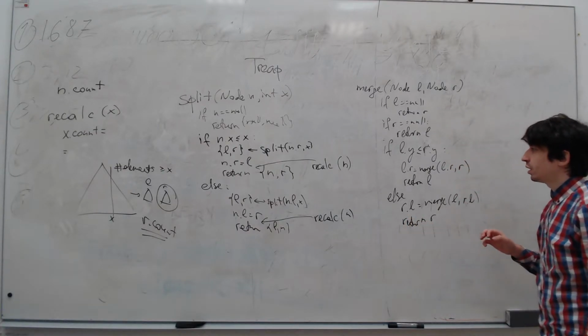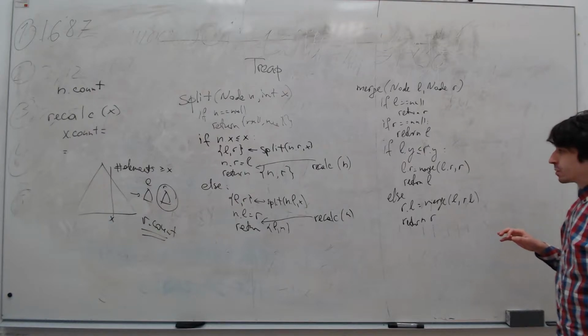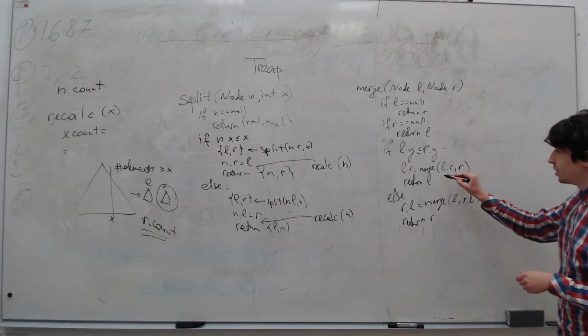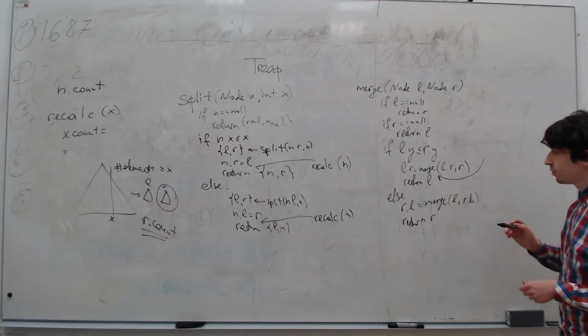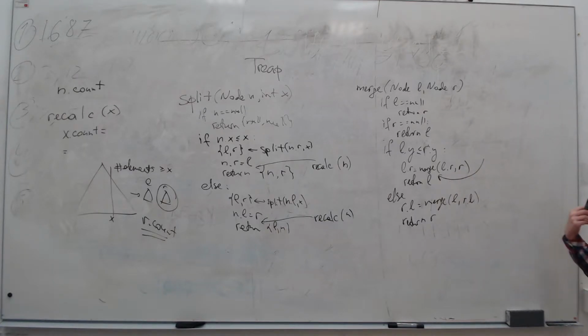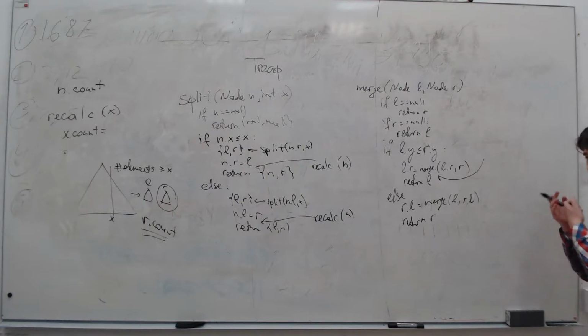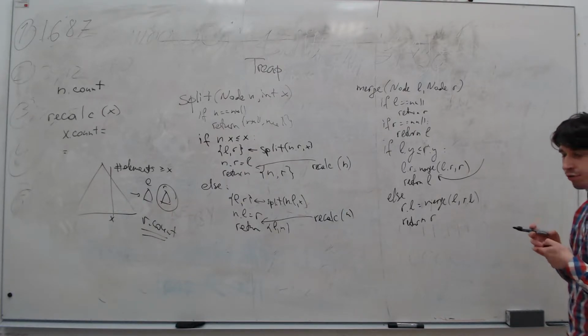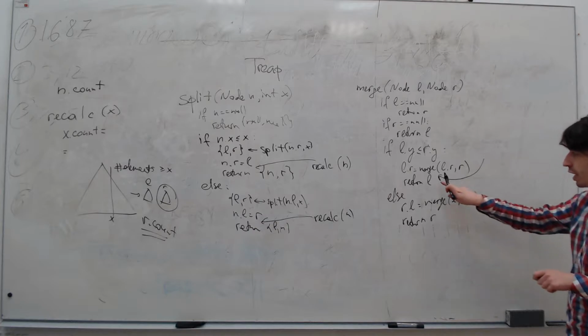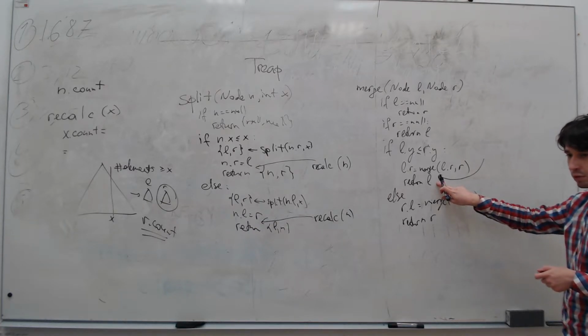Good. So what should I add here? When I change the node itself, I should recalculate the number of children in it. So what should I add here? Plus 1.